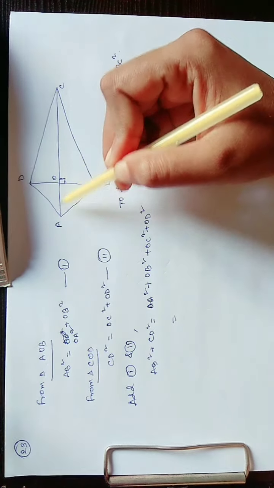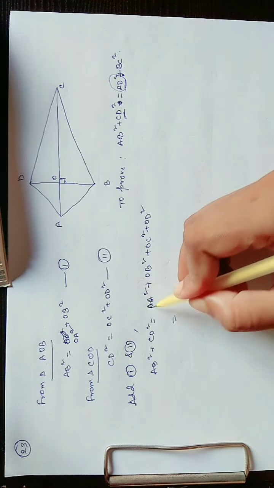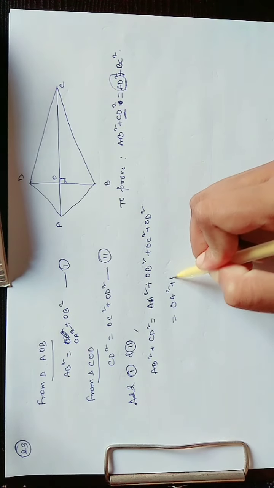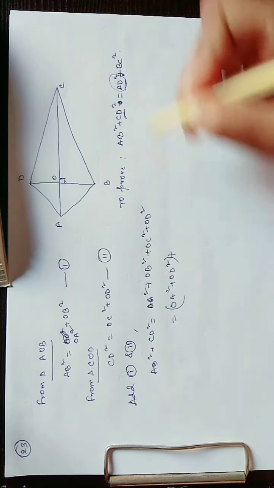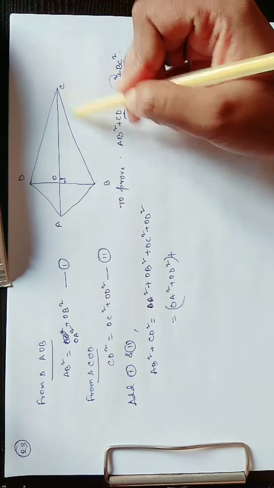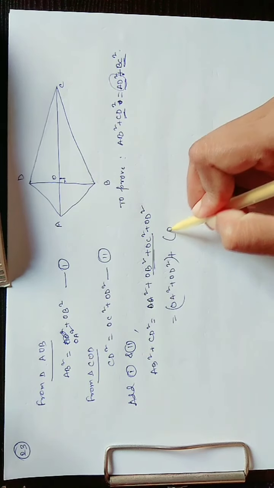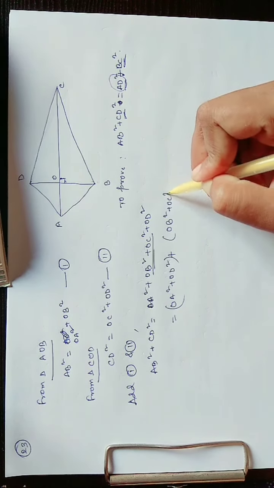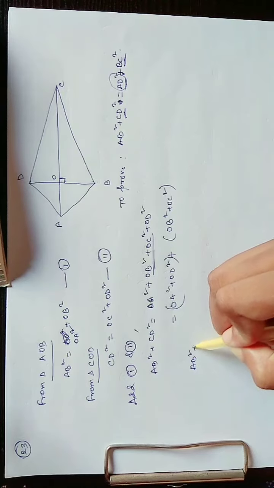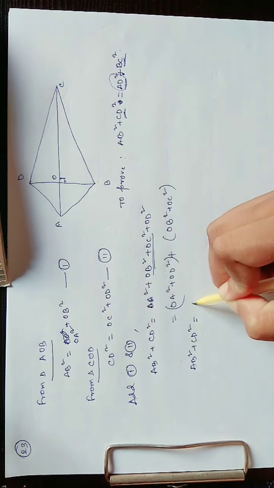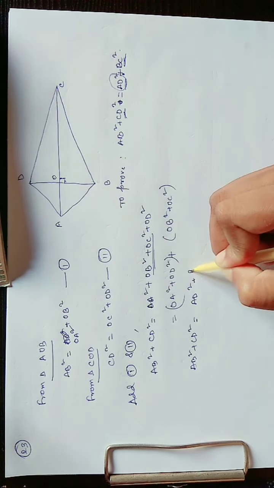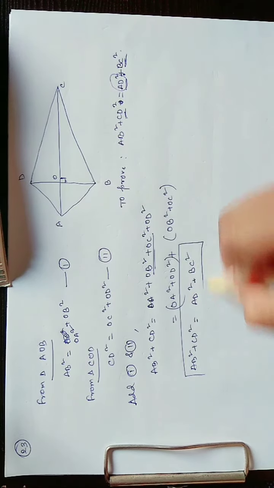That is OD plus OA. So bring both the terms together. Now BC. How will you get BC? That is OB plus OC. So bring these two terms together, and your theorem is proved: AD square plus BC square.